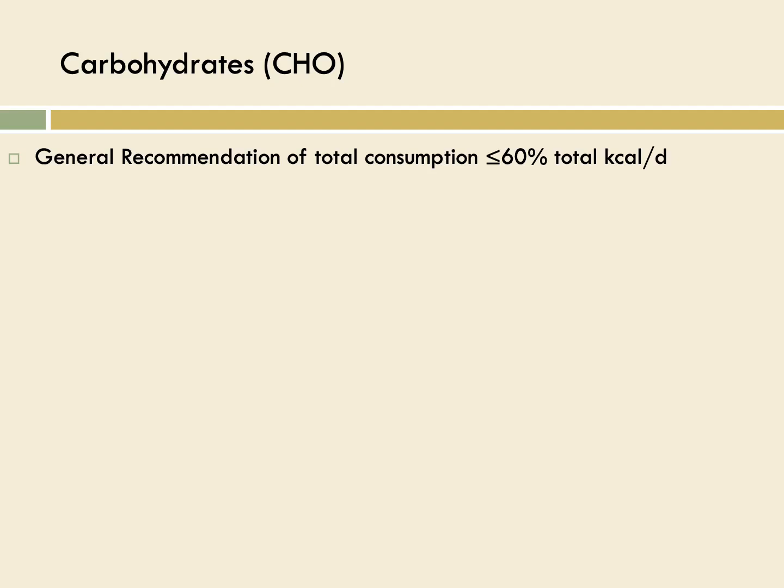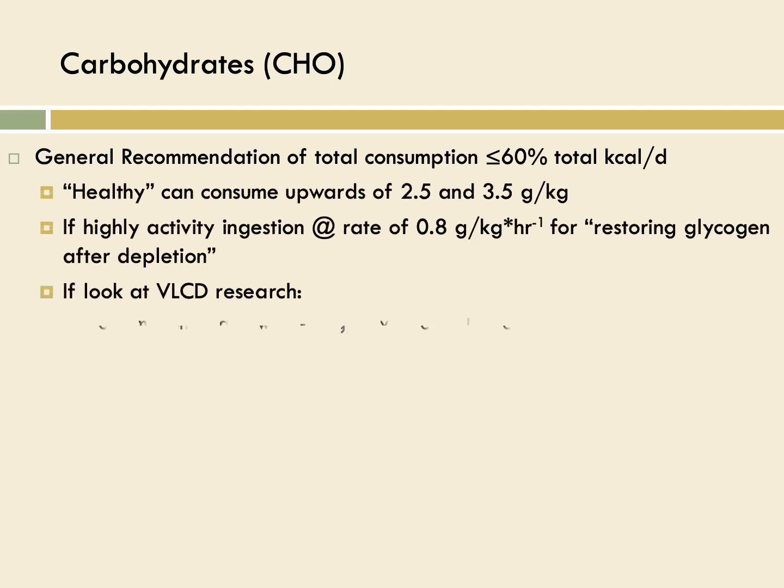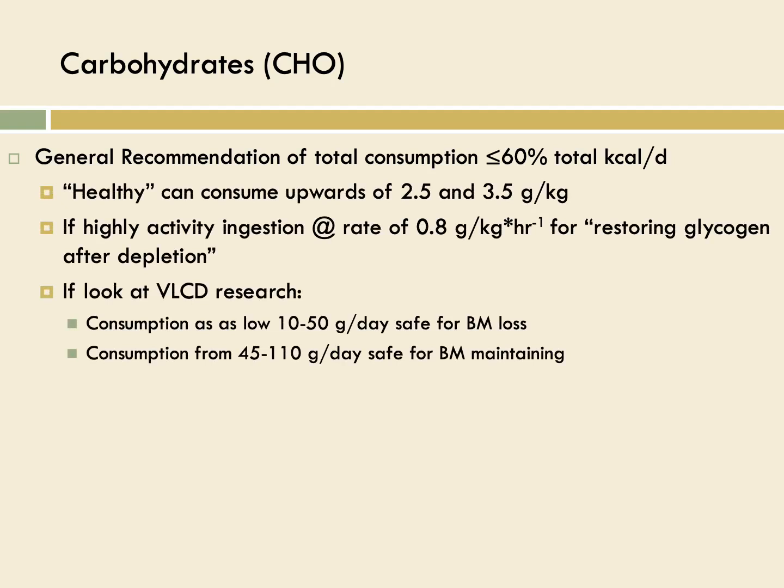There are some reference values that we have where a healthy individual can consume somewhere between 2.5 and 3.5 grams per kilogram of body mass. Highly active individuals should be consuming about 0.8 grams of glucose per kilogram per hour of exercise to restore glycogen that might be depleted.